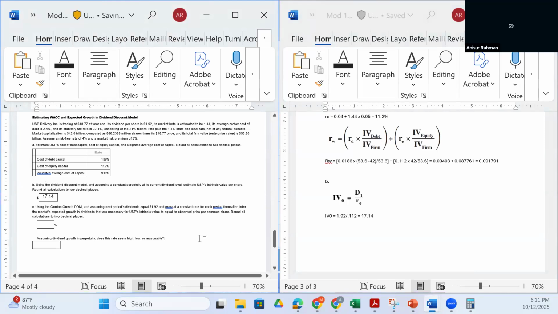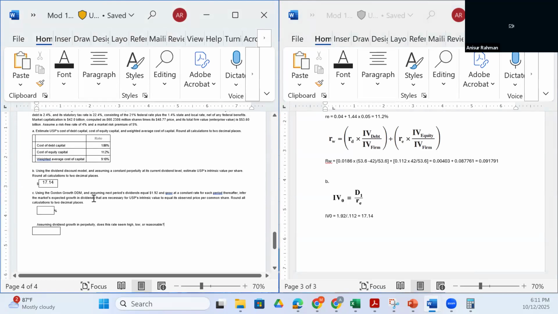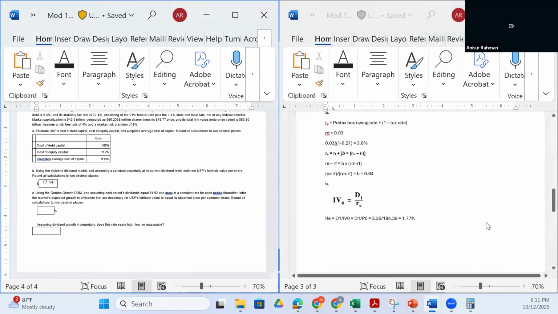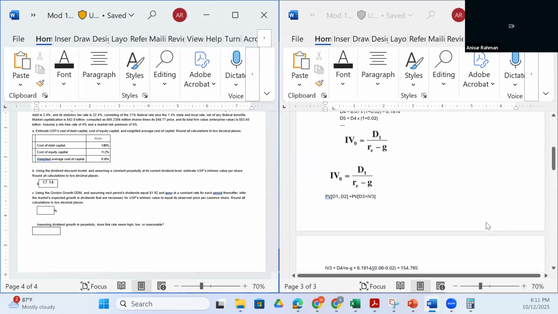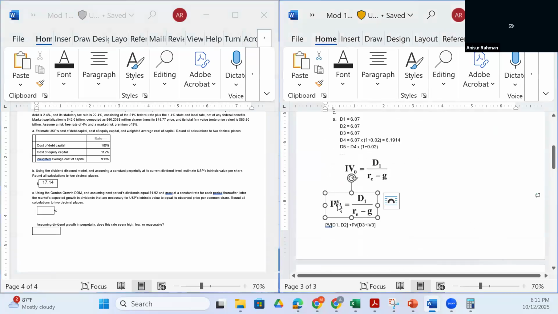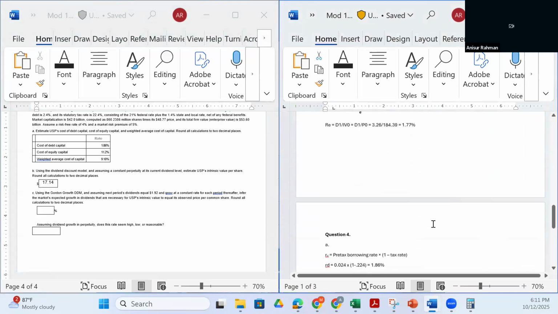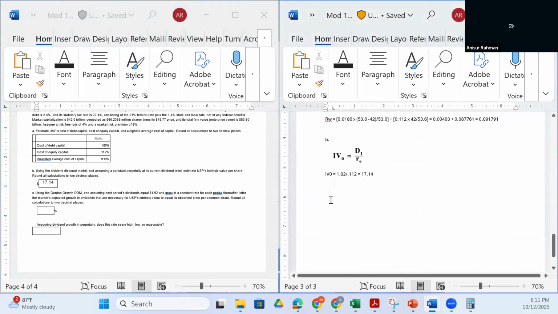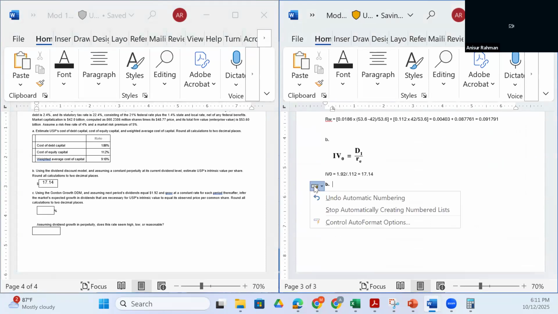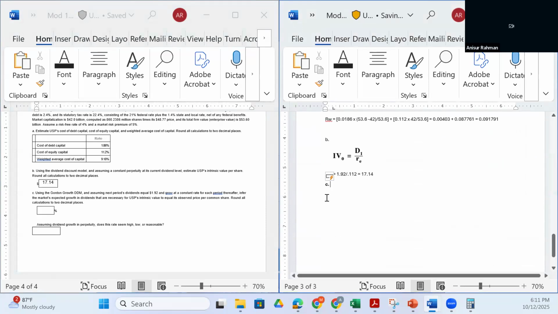Okay. Now using the Gordon growth DDM. So Gordon growth DDM is just another name for this growing perpetuity formula. Okay.